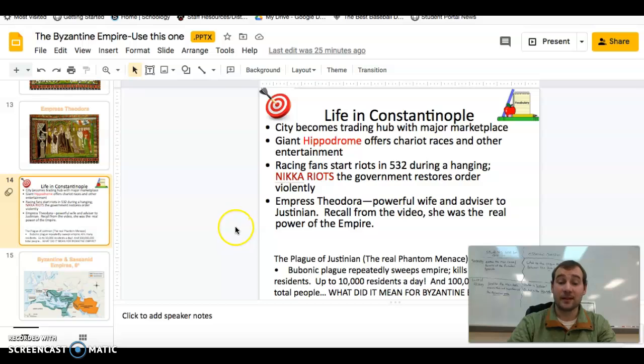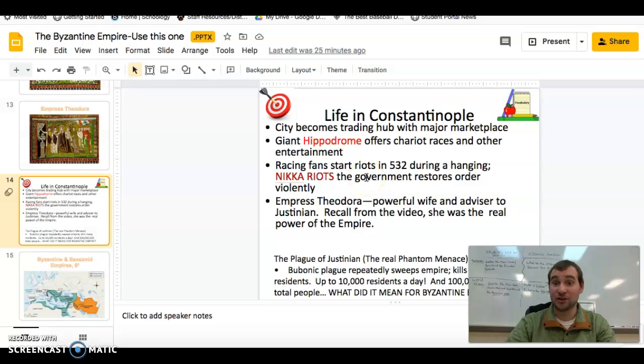Okay? Now, what happens eventually is that Justinian is also a chariot fan, and he cheers for a certain color team. So before the big race, he basically has all the good chariot racers on the other teams jailed and almost up for death. And the fans of the other teams riot, right?